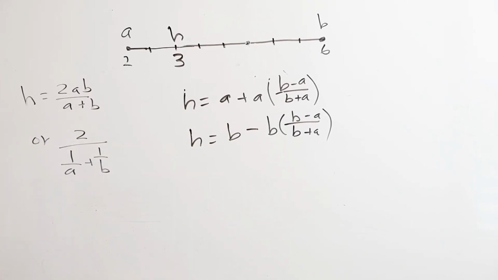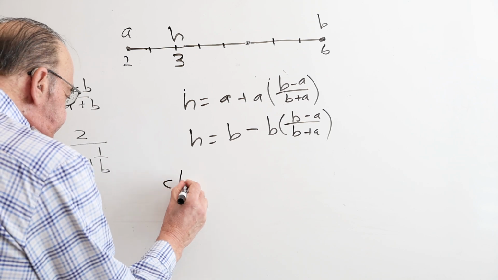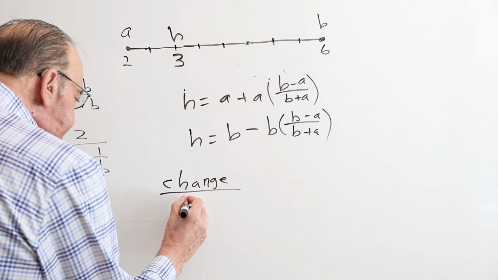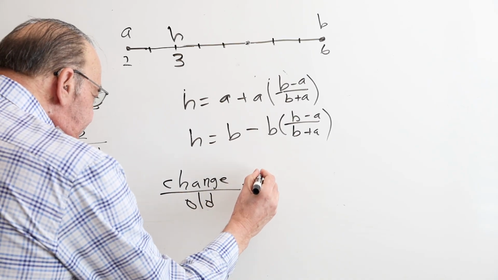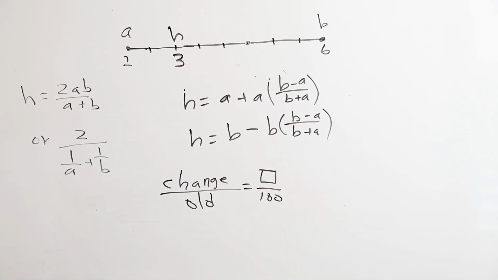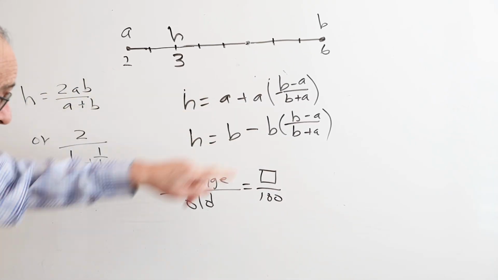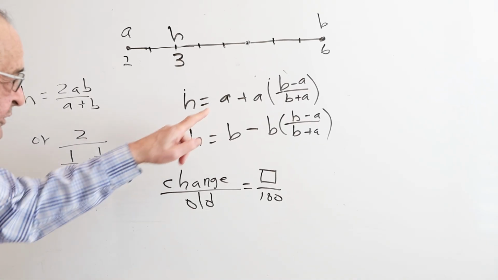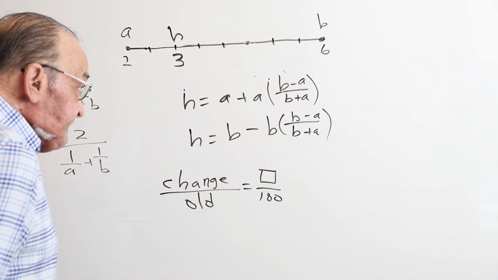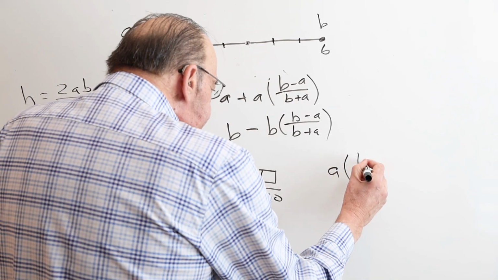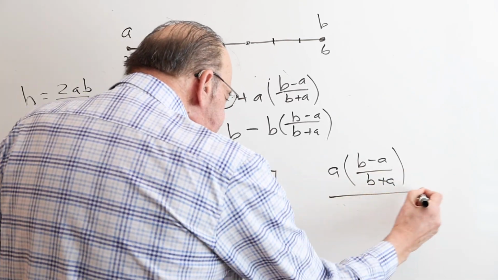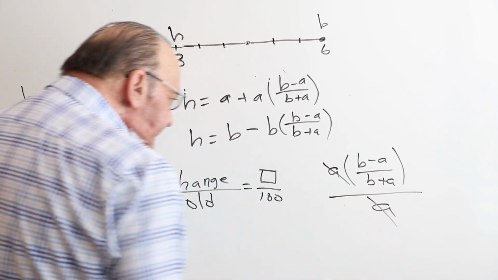So the percent increase is change over the old equals blank per 100. So when you go from A to this, A is your old and this is your change. Okay, so the change would be A times (B minus A) over (B plus A), over your old, which is A. And then your A's cancel.